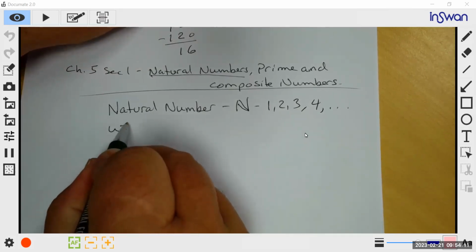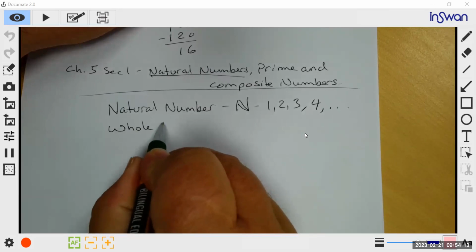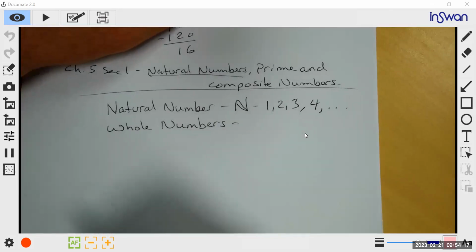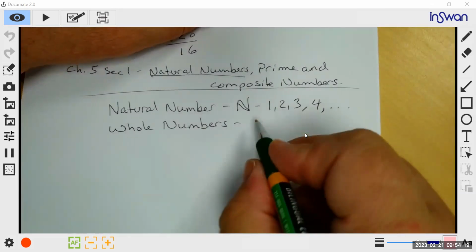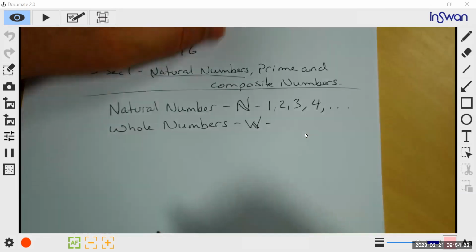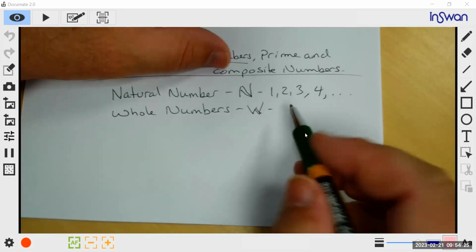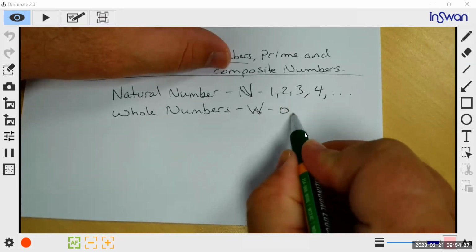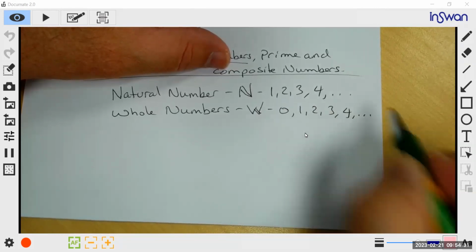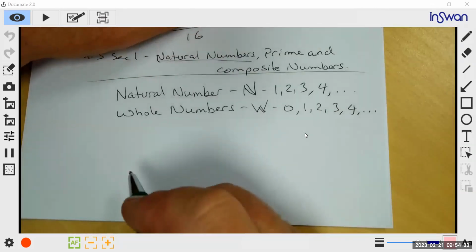We have whole numbers. It's the natural numbers starting with 0. 0, 1, 2, 3, 4, and so on and so forth. Those are called whole numbers.